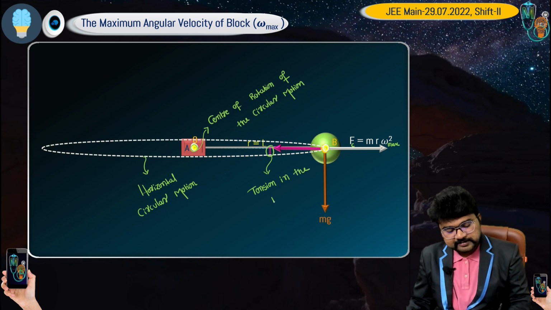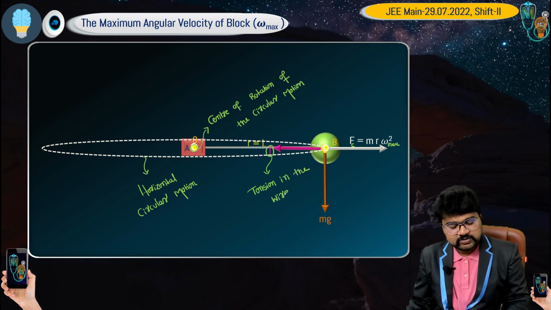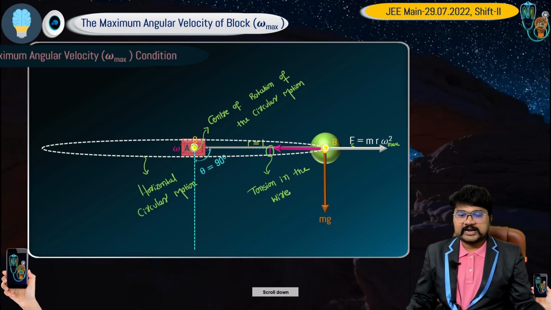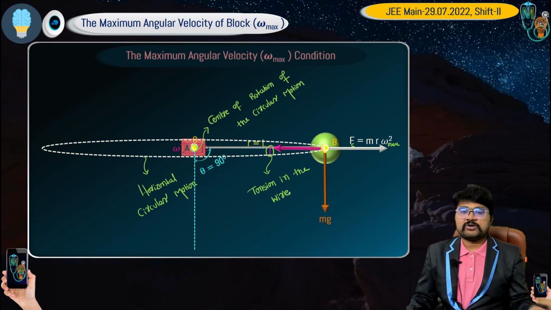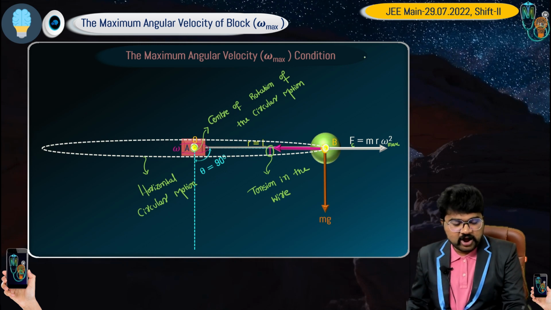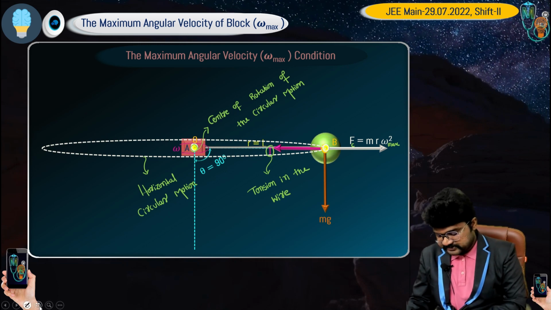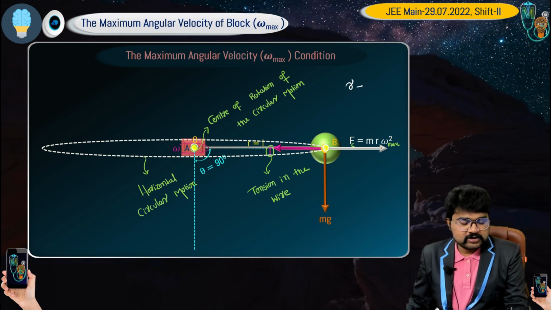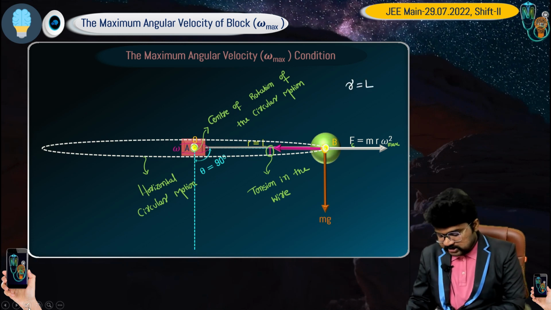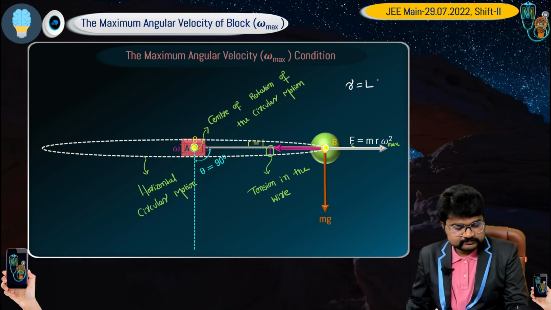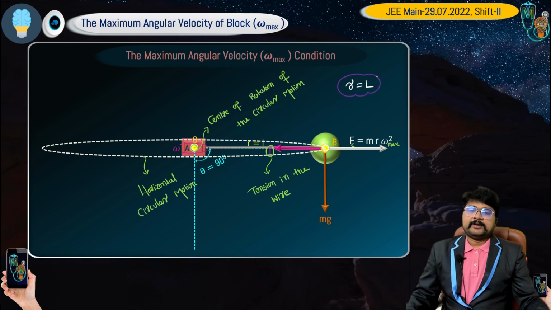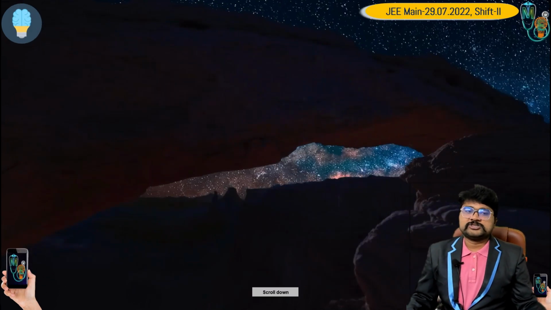At angle 90 degrees, the maximum angular velocity condition, R becomes equal to L. I can confidently say that R equals L.